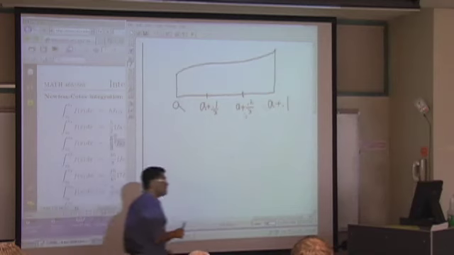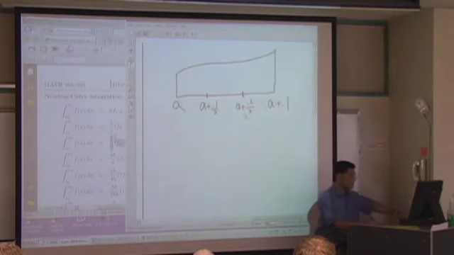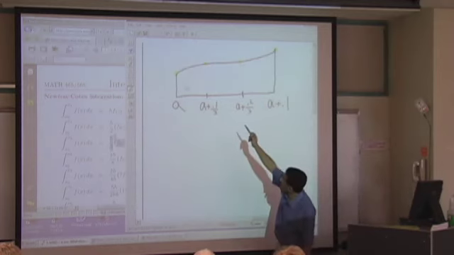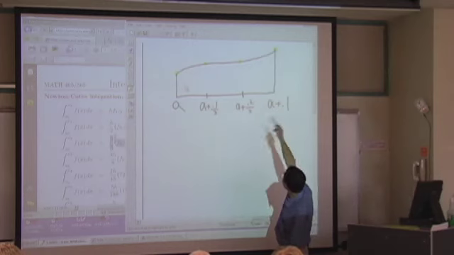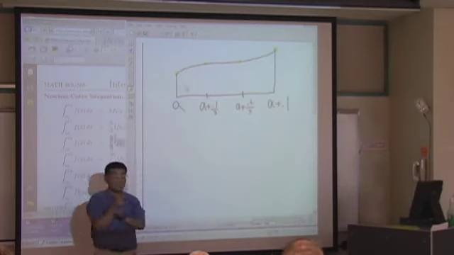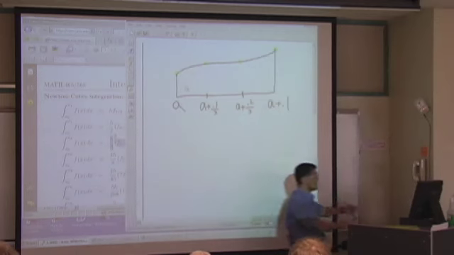Then we can determine 4 different heights. We can determine the height here, and here, and here. So we can determine the height at a, and the heights at these points. Then we can find the function passing through these 4 points.